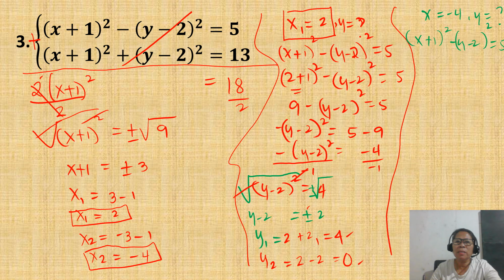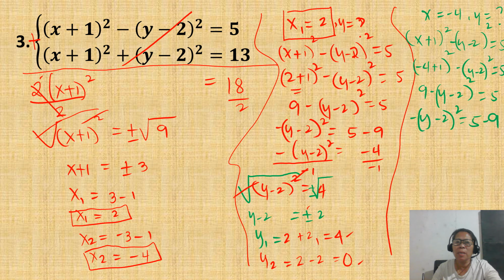So our x is negative 4 plus 1 squared minus y minus 2 squared is equal to 5. And then negative 4 plus 1 will give us negative 3, and then squaring negative 3 is positive 9 minus y minus 2 squared is equal to 5.